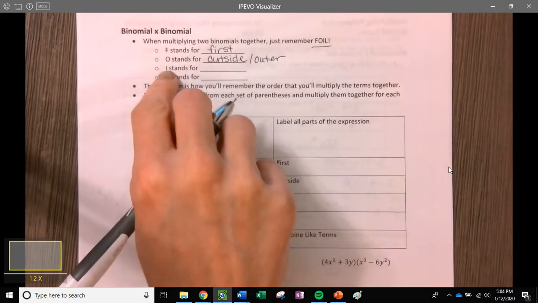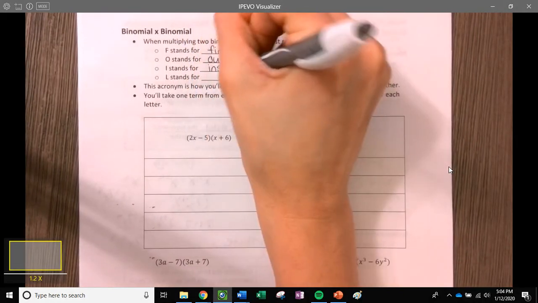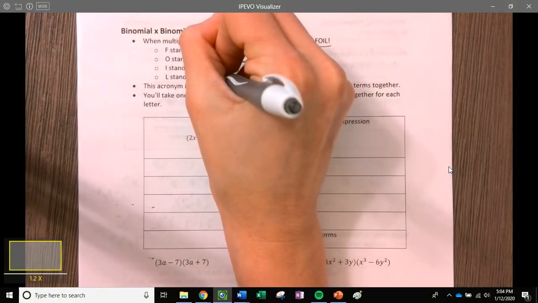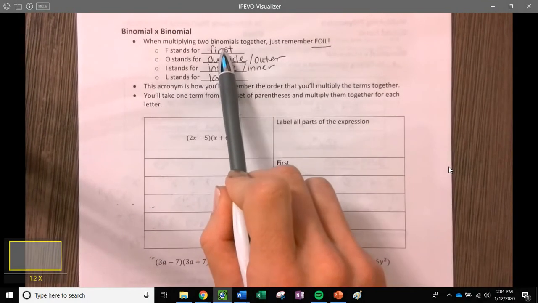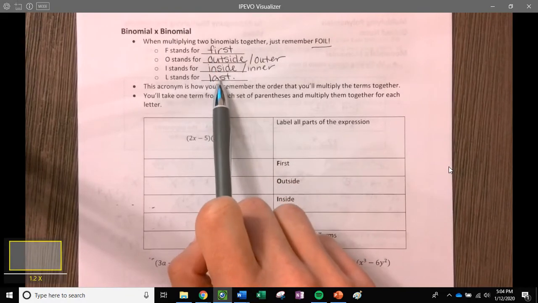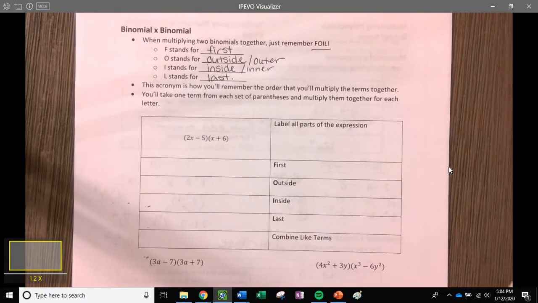Okay, the I stands for inside or inner, whatever your preference is. And then the L stands for last. This will be the position of the things that you are multiplying together. Okay? So let's take a look at an example.